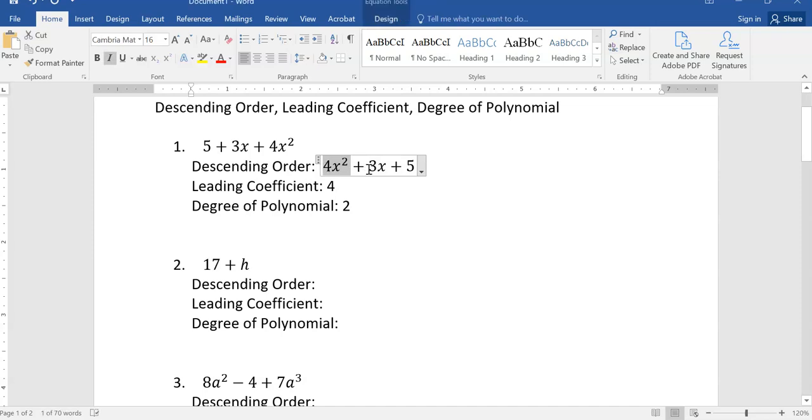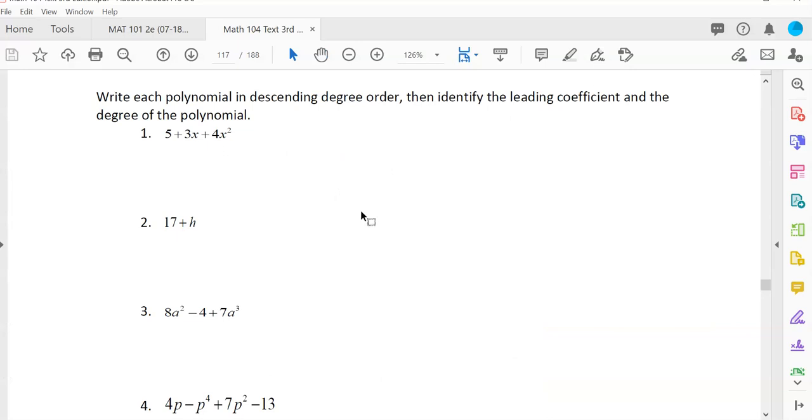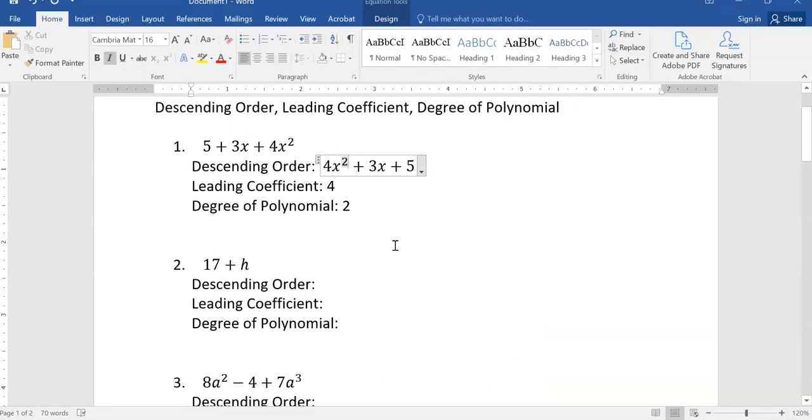You do not have to involve this x here because it's not being multiplied by this x squared. That's a little bit of a distinction from what we did when we multiplied all of it. So descending order, 4x squared plus 3x plus 5. Leading coefficient is 4. The degree of the polynomial is the highest degree of the terms in that polynomial.